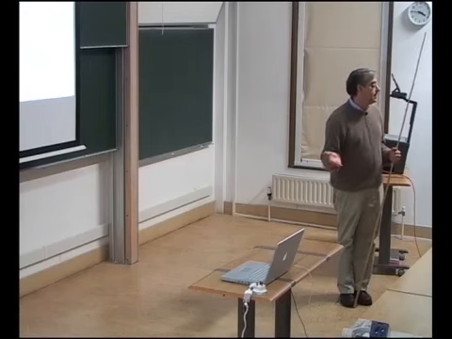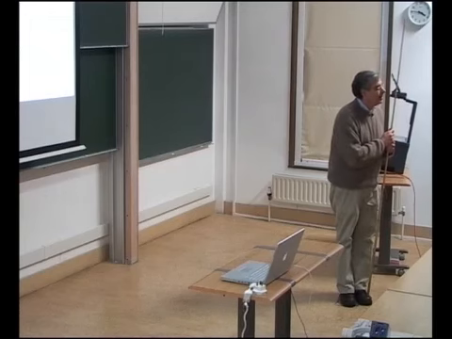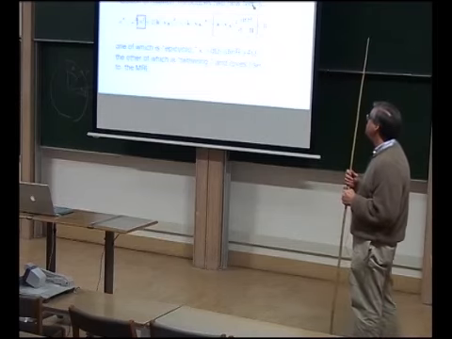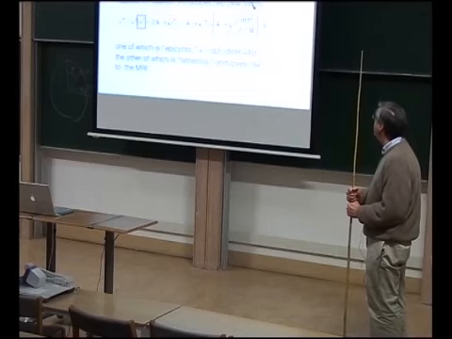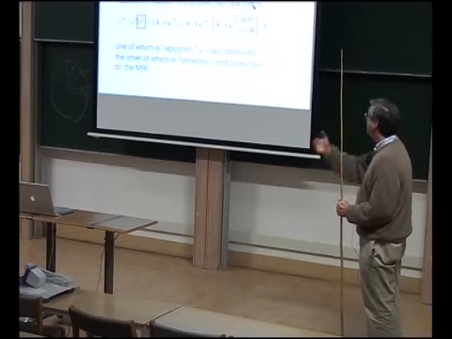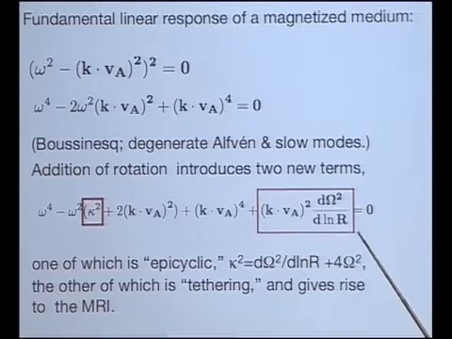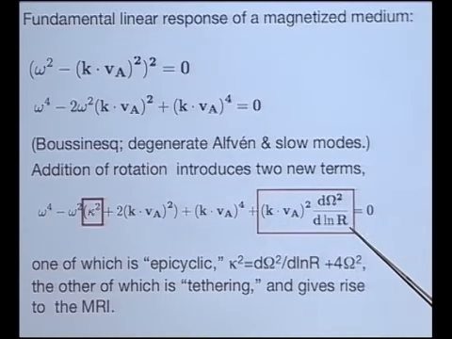If I have a rotating fluid and I perturb it somewhat, if I give it a kick, then the orbits will oscillate radially back and forth. It's exactly the reason that circular orbits turn into elliptical orbits in Keplerian motion if I make a small disturbance from a circular orbit. And that by itself is less interesting in terms of the dynamical response. It simply adds to the Alfvén response.